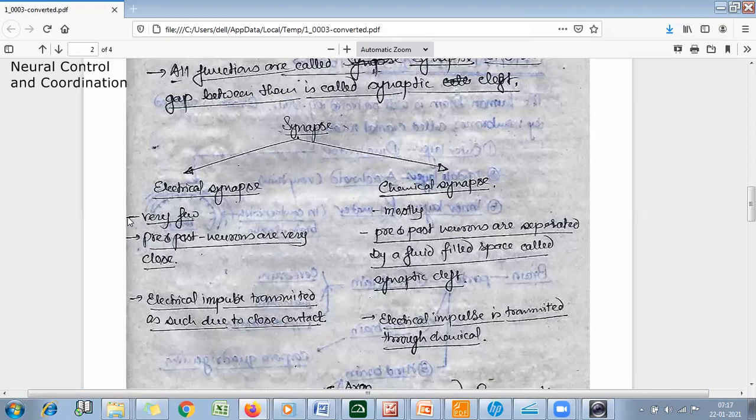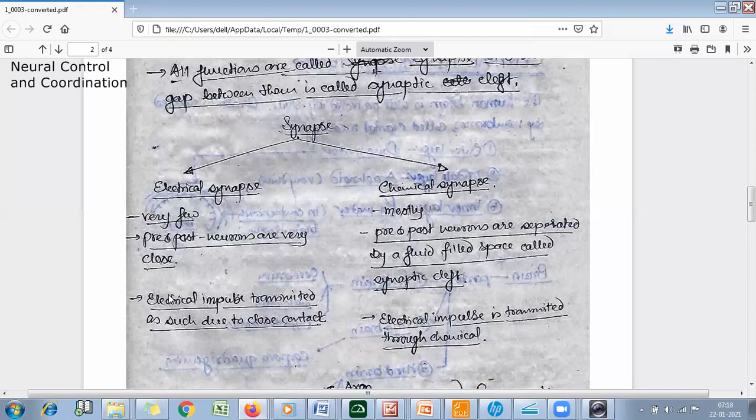In the case of an electrical synapse, the pre and post neurons are very close. When both neurons are very close to each other, the signal will be transferred by the electrical synapse. This kind of situation is very rare, and the electrical impulse transmits as such due to close contact.